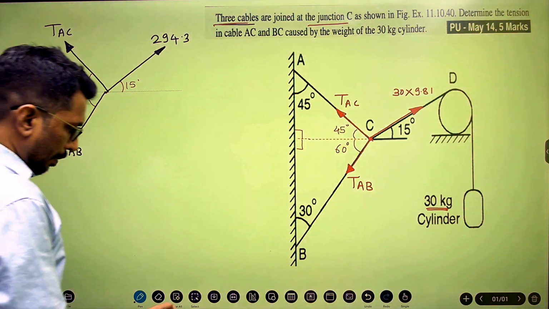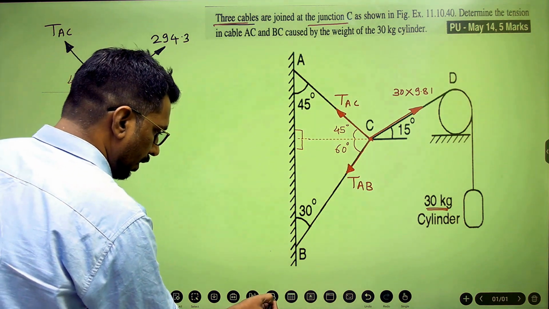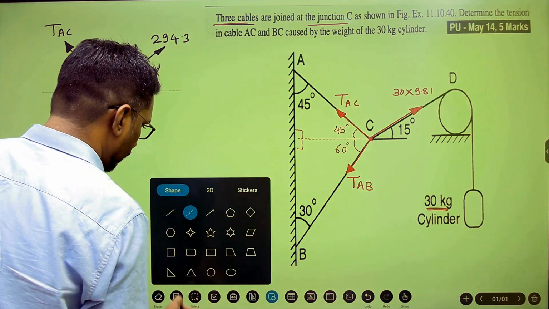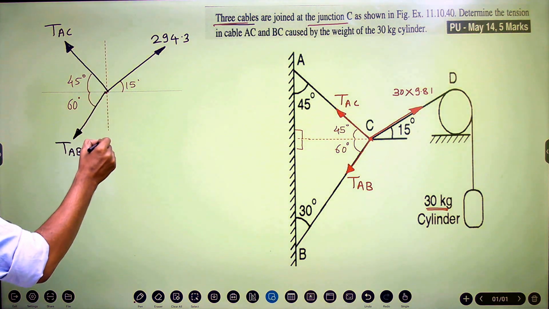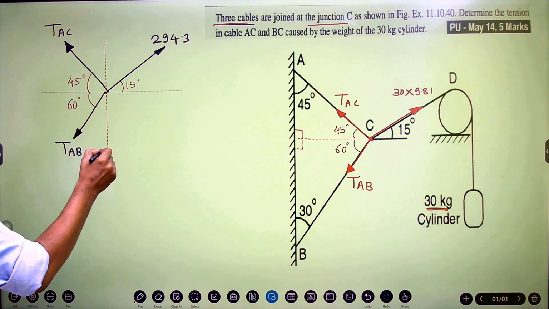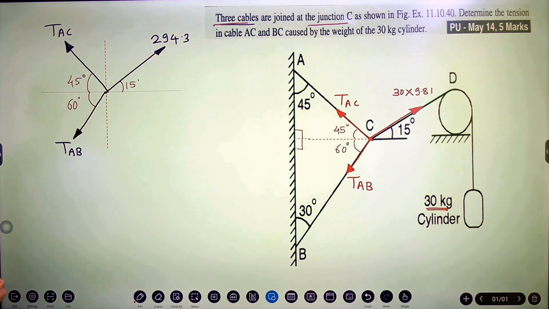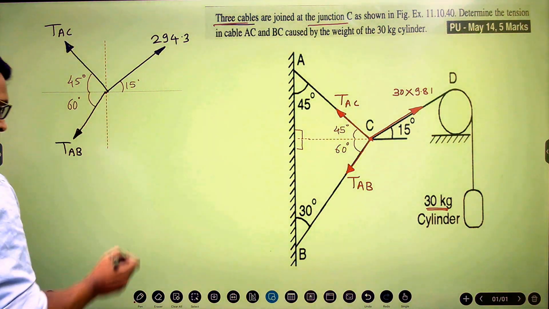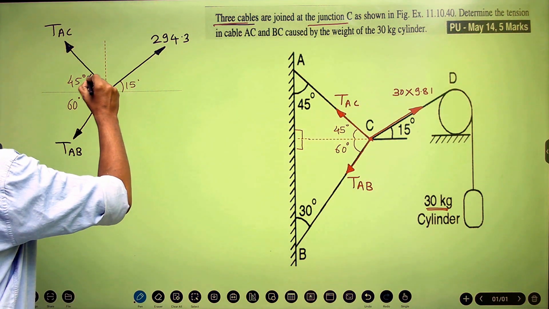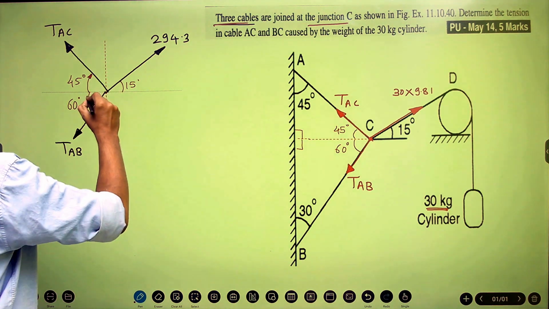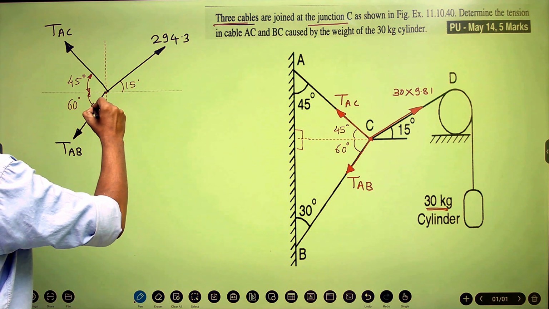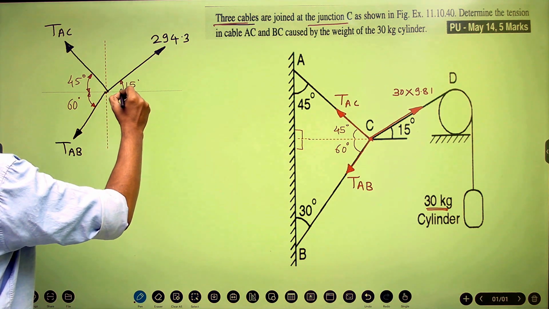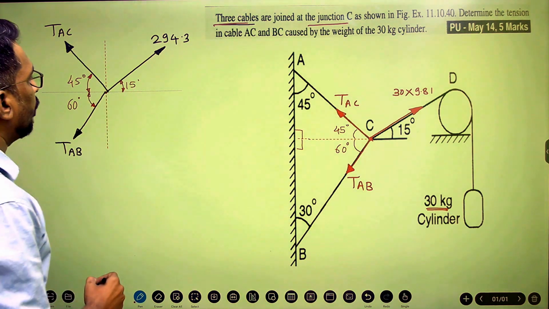So this is the FBD considering the given question, where TAC is making 45 degrees with the horizontal, TAB is making 60 degrees with the horizontal and the weight is at 15 degrees with the horizontal.